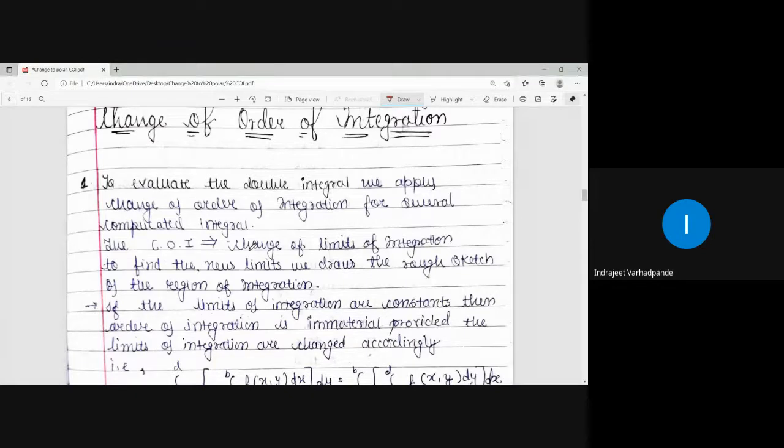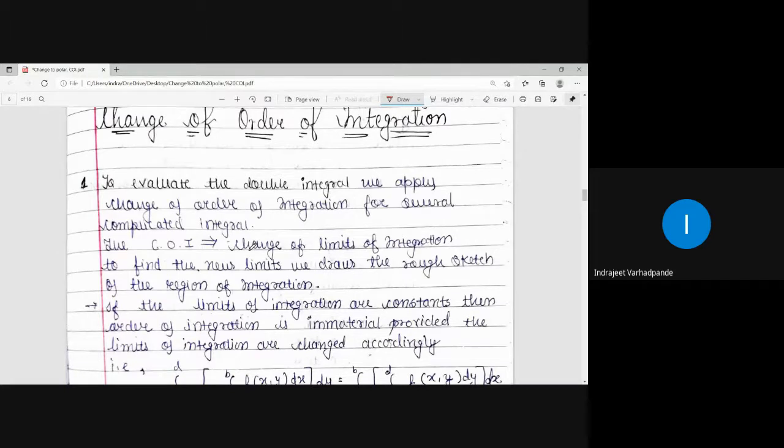That is how the process works for change of order of integration. So in the case of the Cartesian coordinate system, if we are integrating first with respect to y and then with respect to x, then by changing the order of integration, our sequence will be to first integrate with respect to x and then with respect to y.